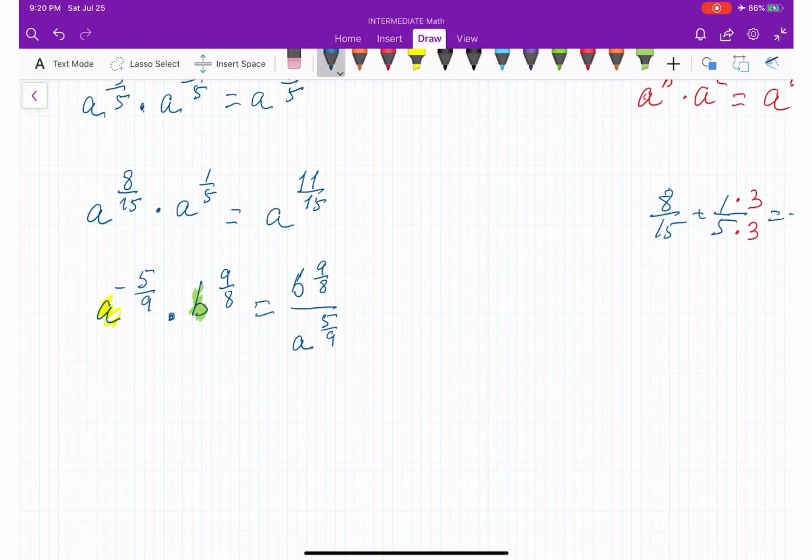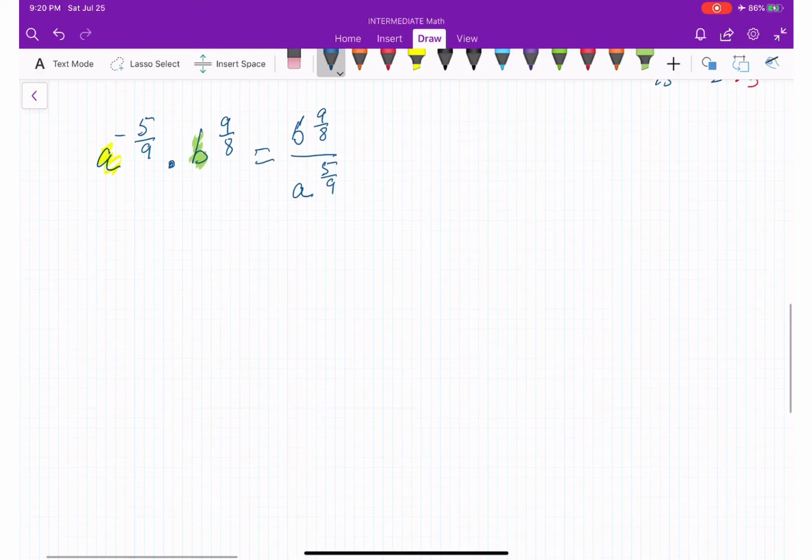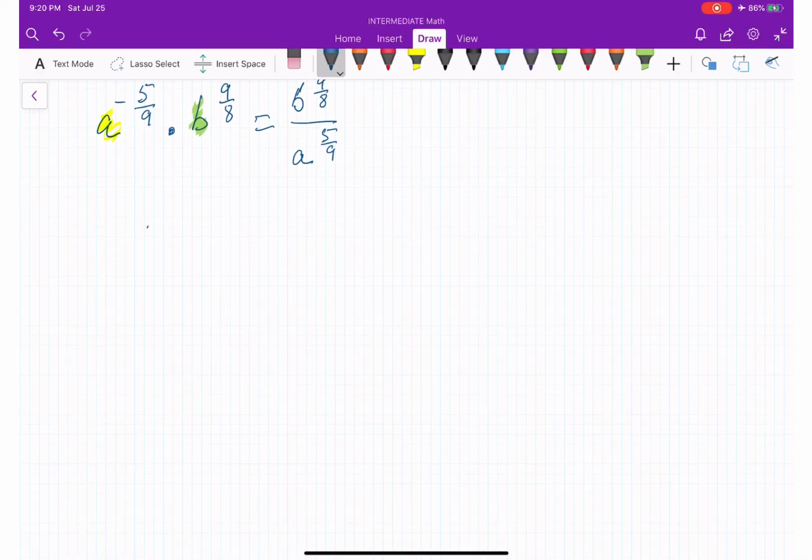And lastly, I would like to solve one more. Okay, let me take 9xy to negative 4 over y cubed, and the whole thing to negative 2.